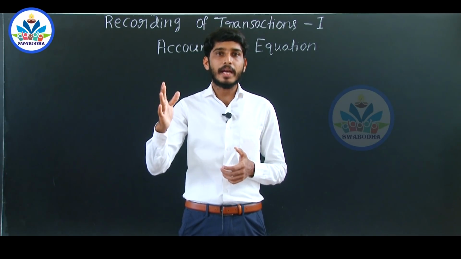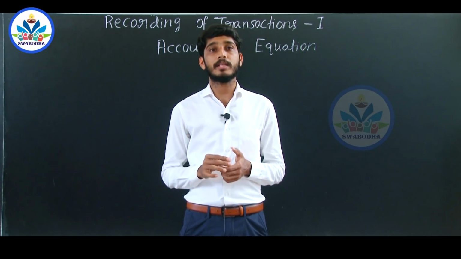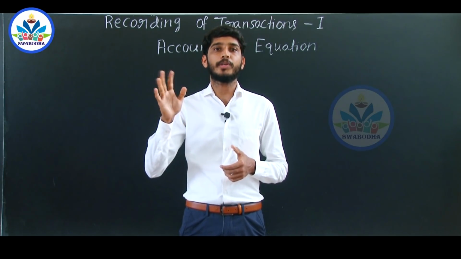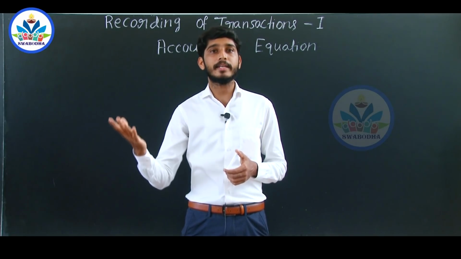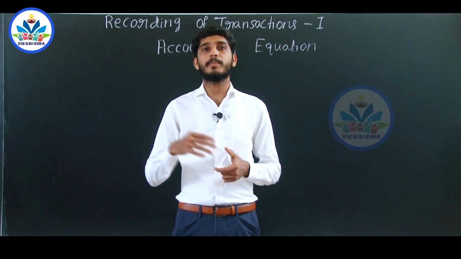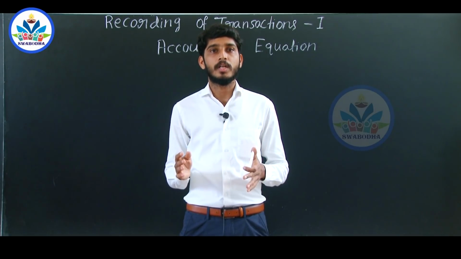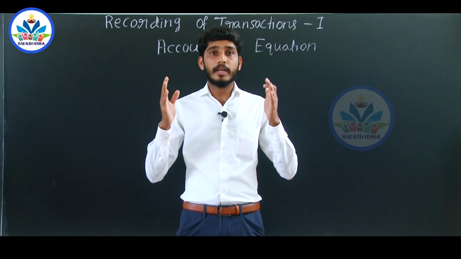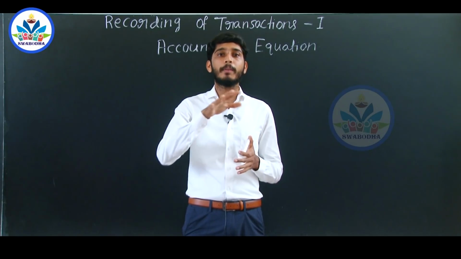In the liability side, all the liabilities or the responsibilities of the business are recorded, including the capital contributed by the owners. And on the asset side, all the assets or resources which are owned by the business organization are recorded. So, accounting equation depicts the relationship between the components of the balance sheet.